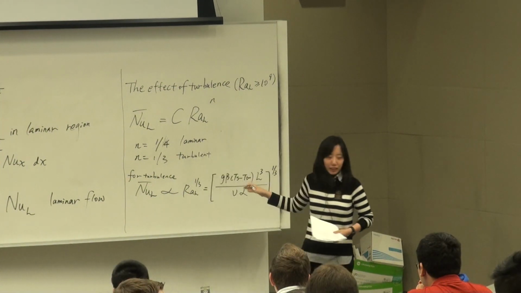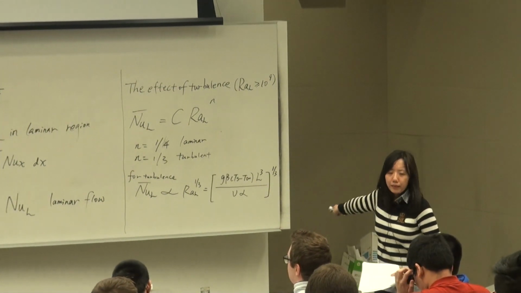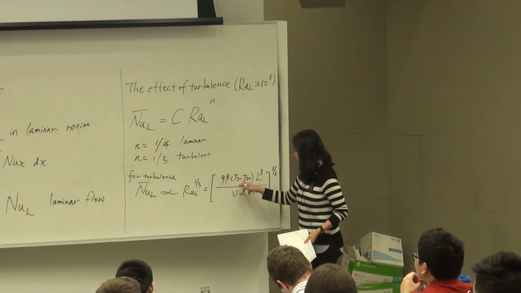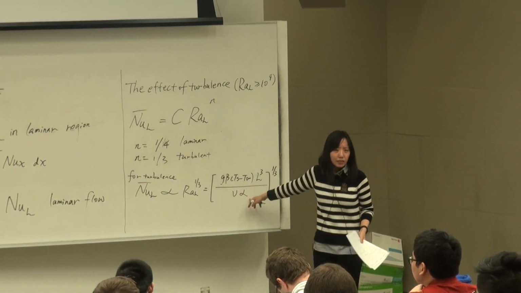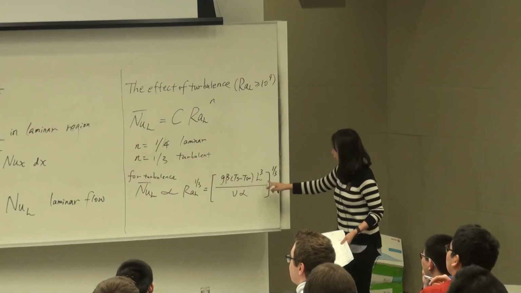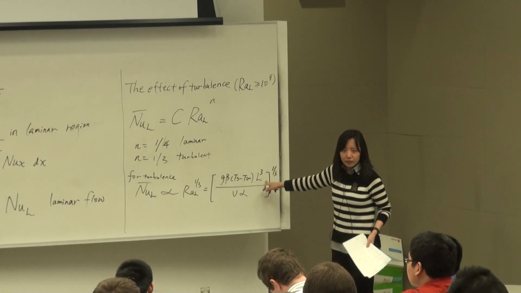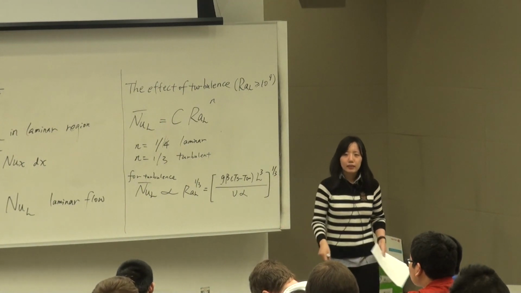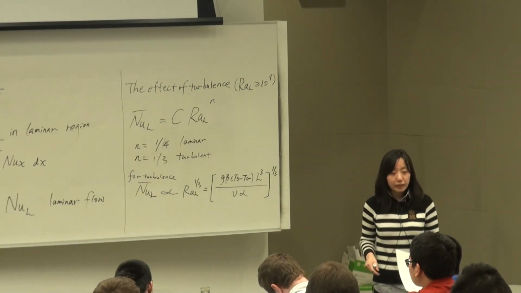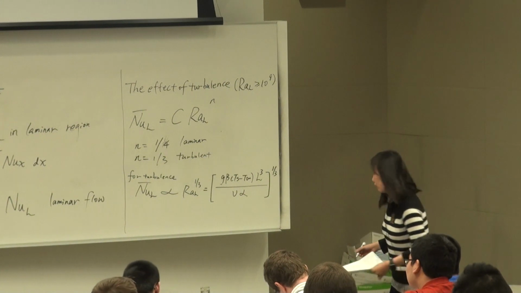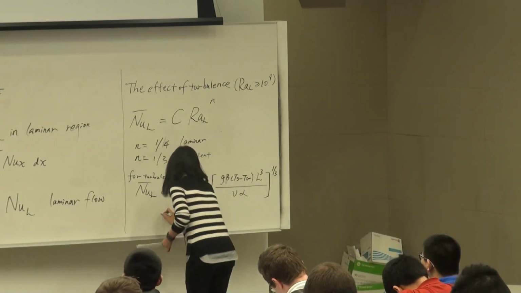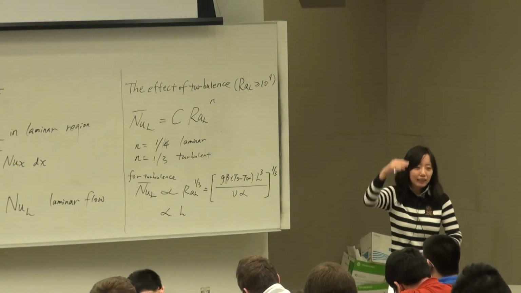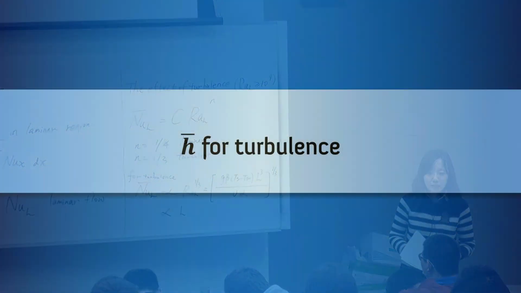I know this looks scary with so many equations, but g beta delta T, nu, alpha are just a constant. But something very scary is L cubed, and then for turbulent, we have 1/3 outside. Our average Nusselt number in the turbulent region is proportional to the height of the vertical plate.